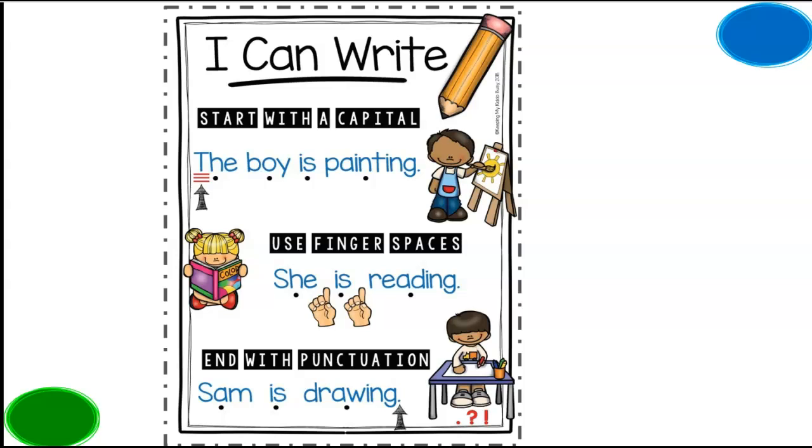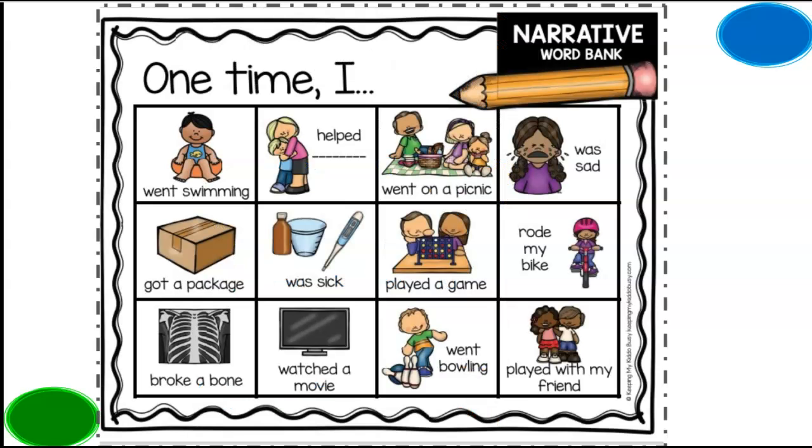Now, let's talk about what we're going to write about when it comes to you. One time, what did you do one time? Think of something that Mrs. Pluta is not going to know about.